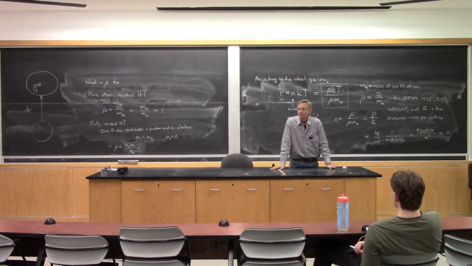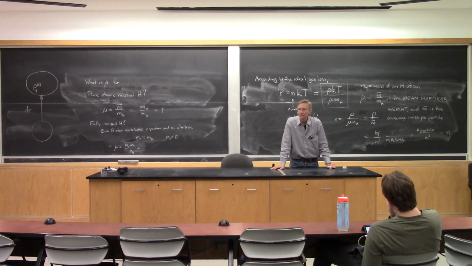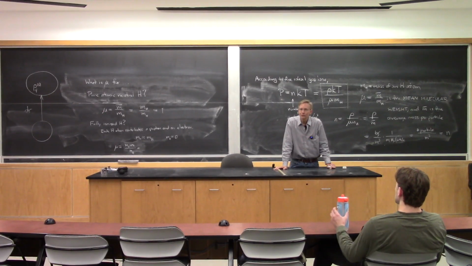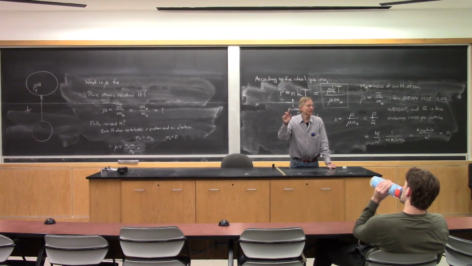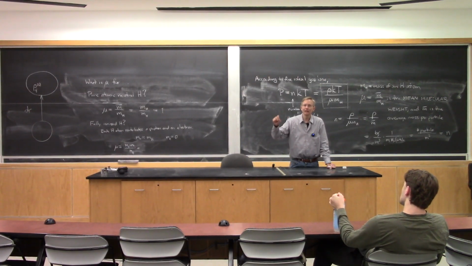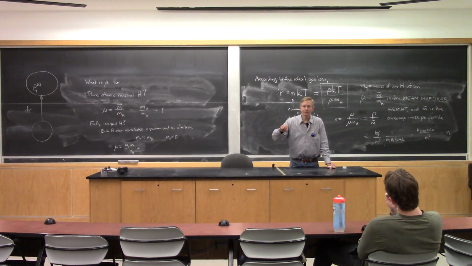If I put an electron in the ground state of hydrogen, how much energy is given up to do that? There's binding energy. How much? 13.6 electron volts. That is a reduction in the mass of the hydrogen atom compared to the sum of the masses of the proton and the electron.